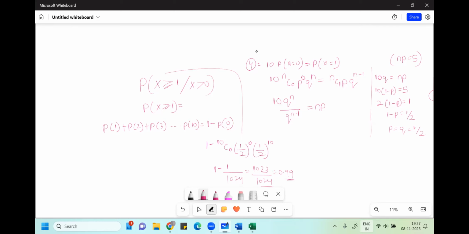So whenever you're getting a probability of 1 by 2, just apply the coin problem: nCr by 2 to the power n. Done.